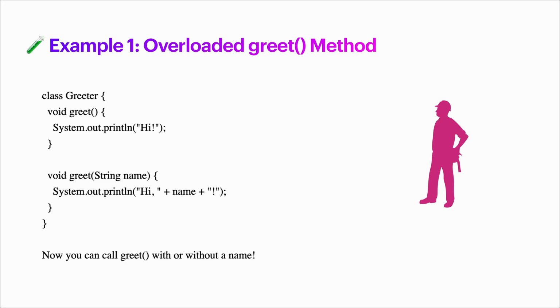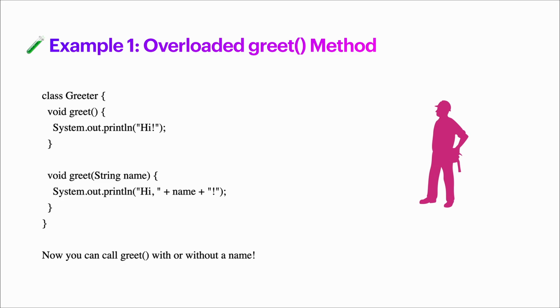Let's continue. After creating the class, you have two methods in your class. The first method is greet. Notice it is void. It's not returning anything, that is why it's called void. Void greet just does System.out.println hi.